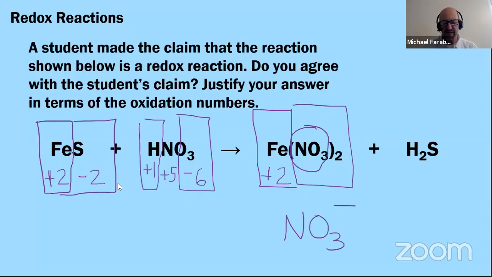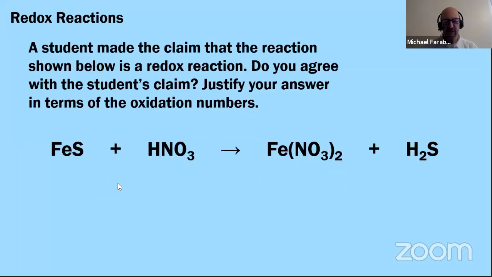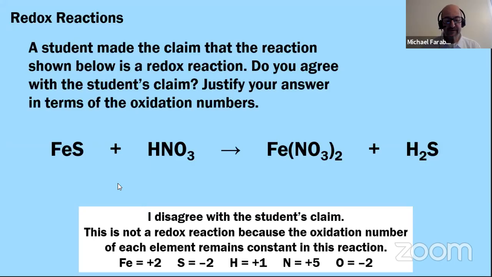So iron is not changing either. And for hydrogen and sulfur, it's looking like each hydrogen is worth +1, and each sulfur in this case is -2. So having done a quick little analysis of the oxidation numbers, I disagree with the student's claim. This is not a redox reaction because the oxidation number of each element remains constant in this reaction.